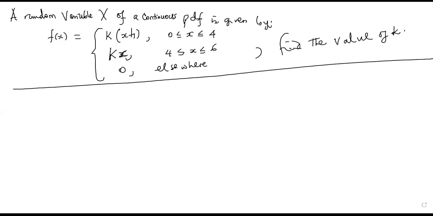In our solution, we shall note that the integral over all x of f(x) dx is equal to 1, over all x, as if one says from a to b.